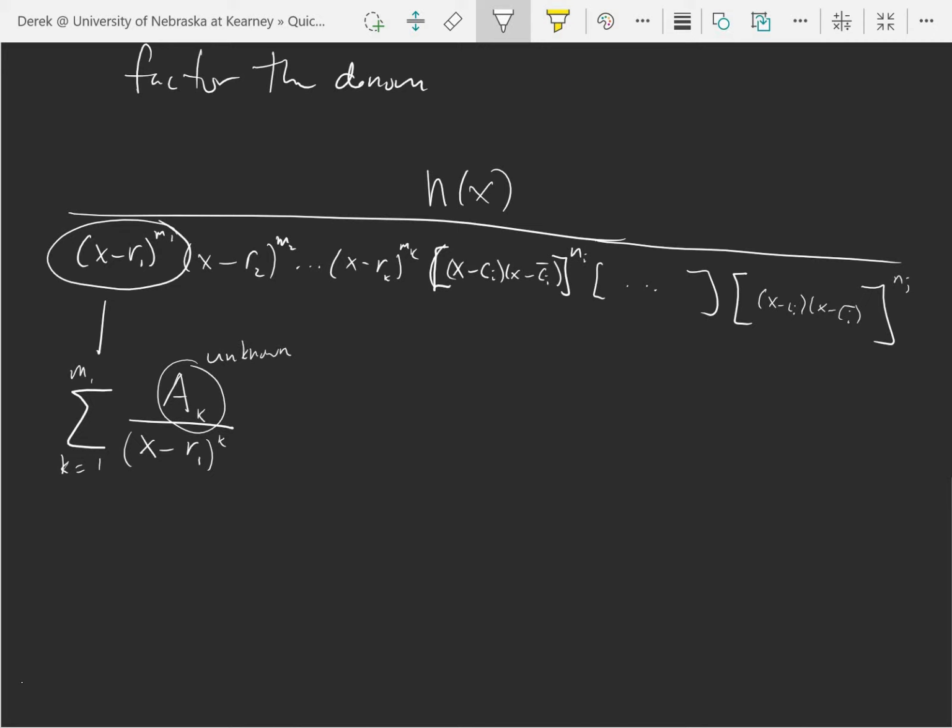And the next one is going to be the sum, say bk over x minus r2 to the k, where k equals 1 up to m2. And we do that for each of these factors.